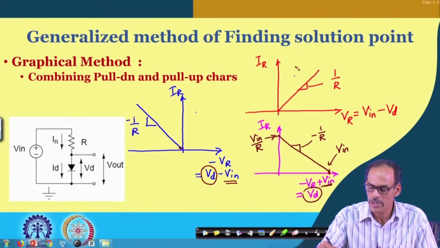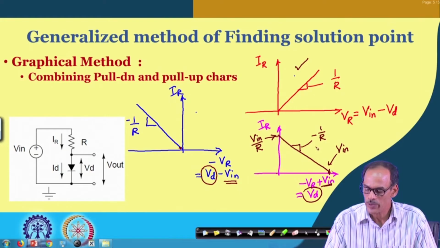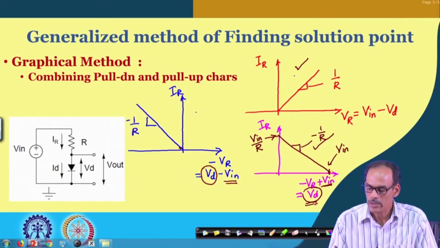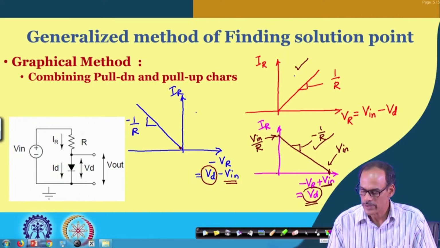Originally we had this characteristic curve. Now, we are happy to have this characteristic curve where the x axis is V d and the y axis we are happily retaining as the I r characteristic.